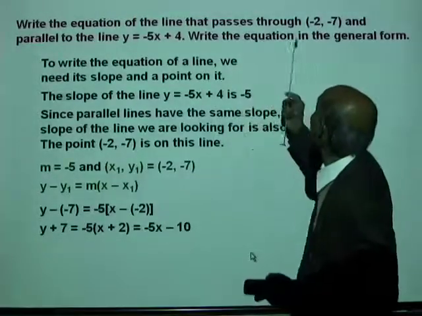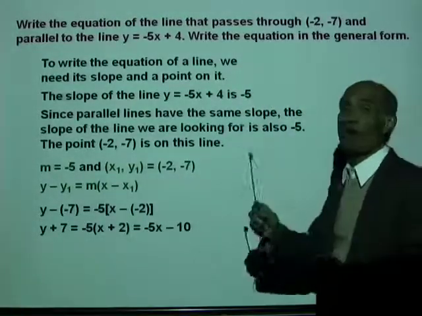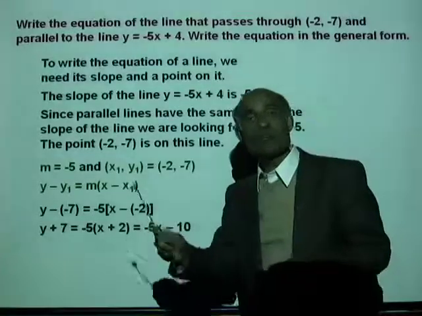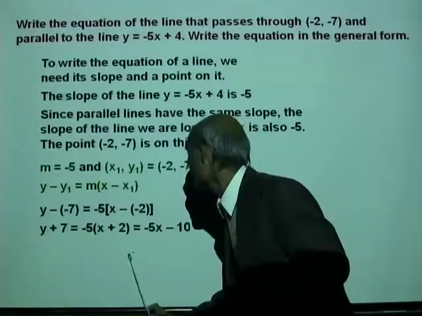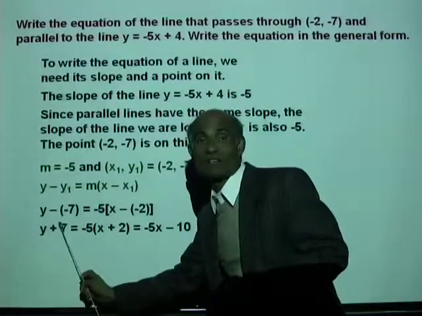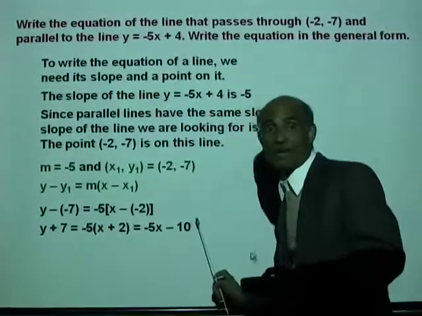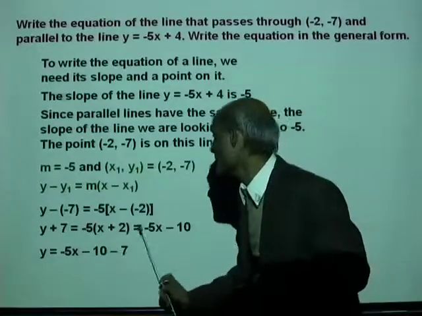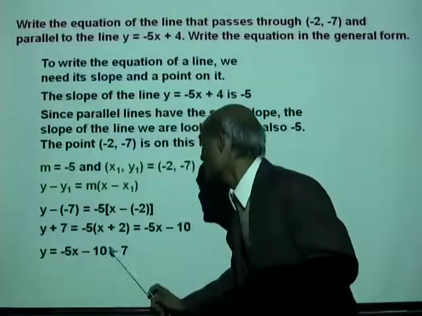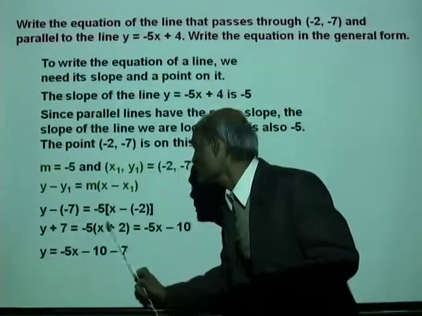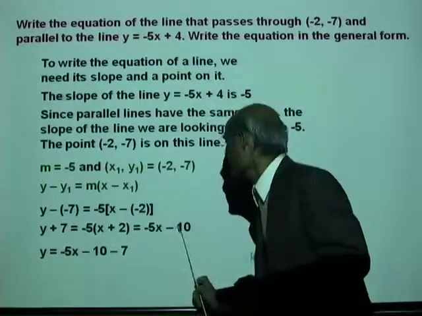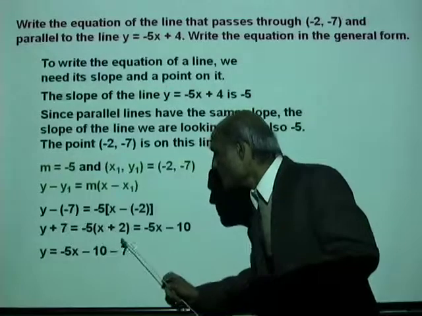And now we need to write the equation in the general form, ax plus by equals c. That means this -5x must go to the left and we take this 7 to the right. Let's first rewrite this: y equals -5x minus 10 minus 7.